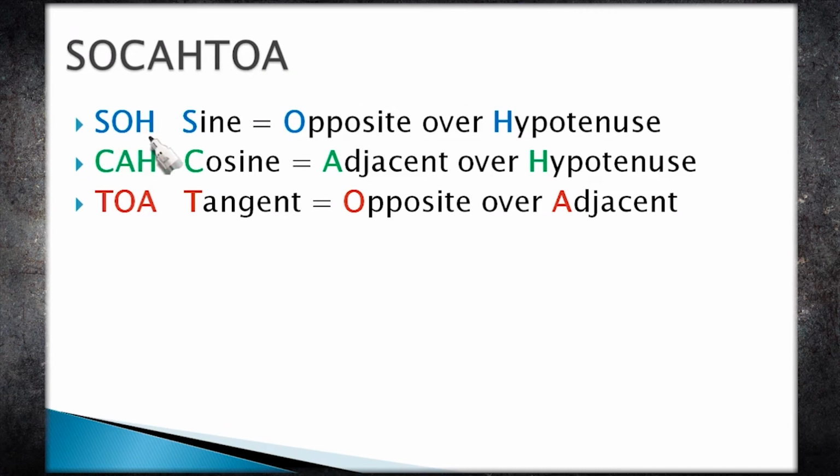The soh in Sohcahtoa stands for sine equals opposite over hypotenuse. So if you're trying to calculate sine on the ACT math test and you can't remember what it is, just think soh in Sohcahtoa. Sine equals opposite over hypotenuse. Same for cosine. The cah in Sohcahtoa stands for cosine equals adjacent over hypotenuse. And then finally, toa stands for tangent equals opposite over adjacent.